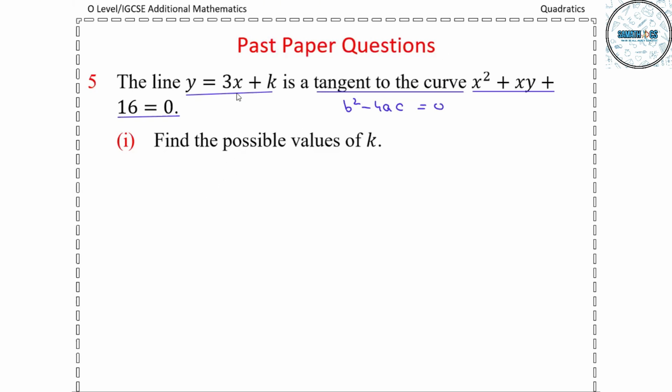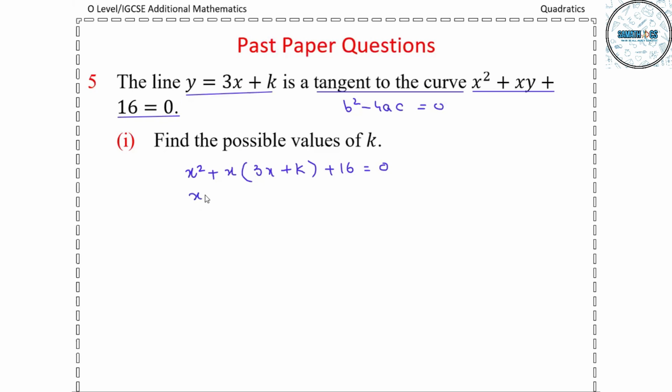We will substitute the value of y in this equation. So we have x squared plus x into 3x plus k plus 16 is equal to 0.